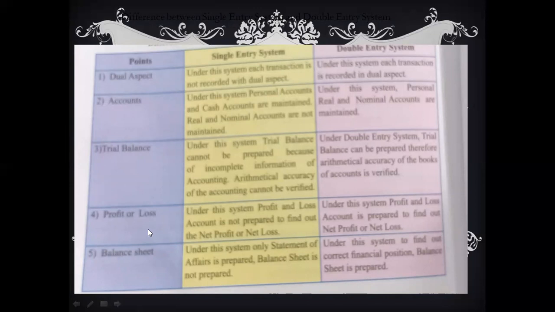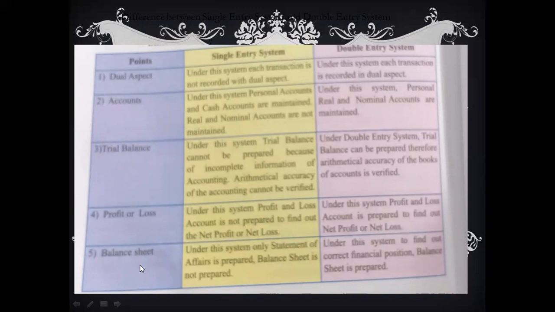Next point, profit or loss. Under single entry system, profit and loss account is not prepared to find out the net profit or net loss. Under double entry system, profit and loss account is prepared to find out net profit or net loss.